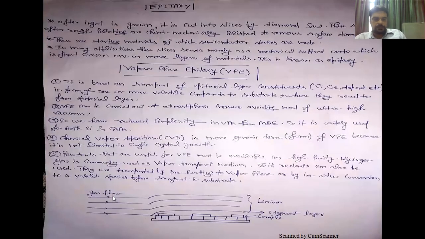Let's talk about the bottom layer. This bottom layer is known as the stagnant layer. This layer is also known as the boundary layer. This is the layer which is very close to the sample.